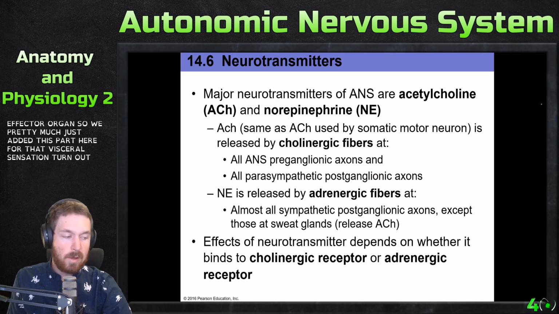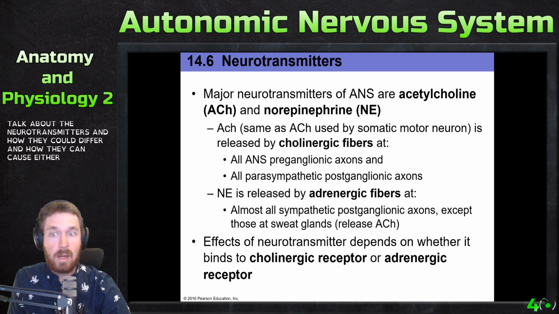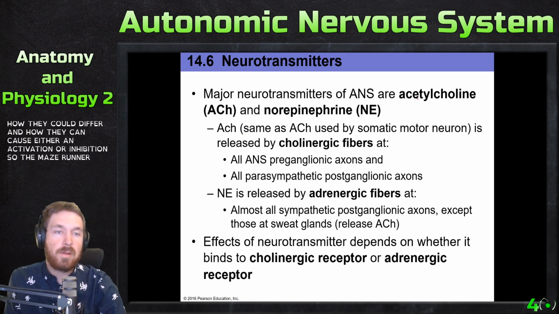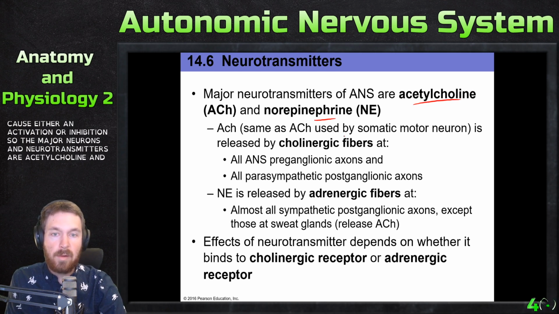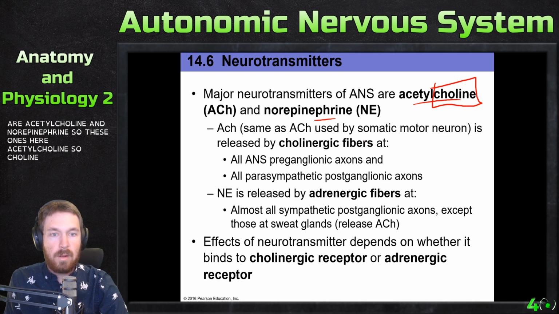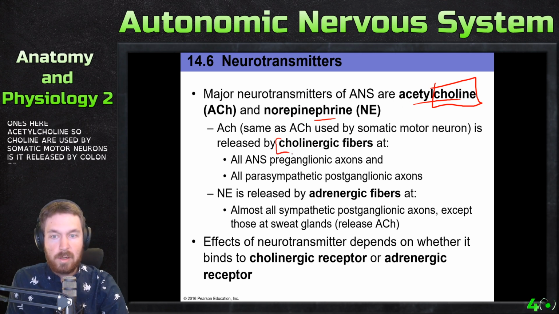So now I talked about the neurotransmitters and how they could differ and how they could cause either an activation or inhibition. The major neurotransmitters are acetylcholine and norepinephrine. So these ones here, acetylcholine, so choline, are used by somatic motor neurons, and is released by cholinergic fibers.